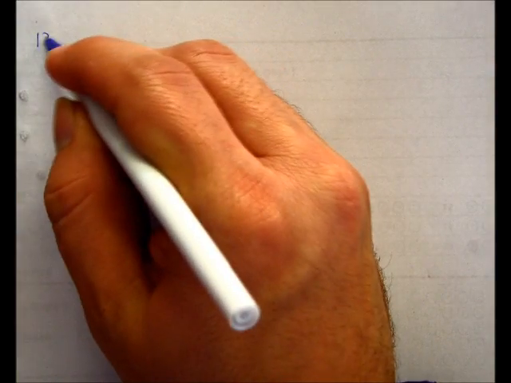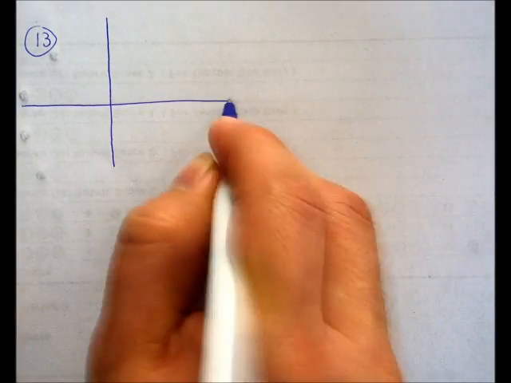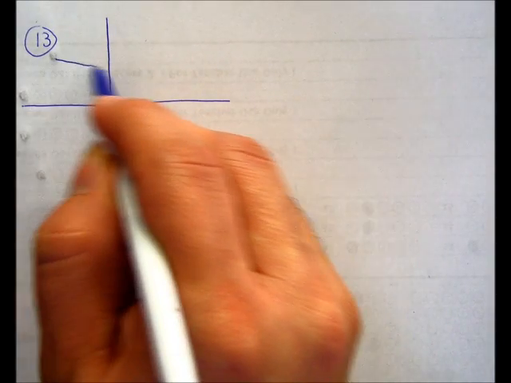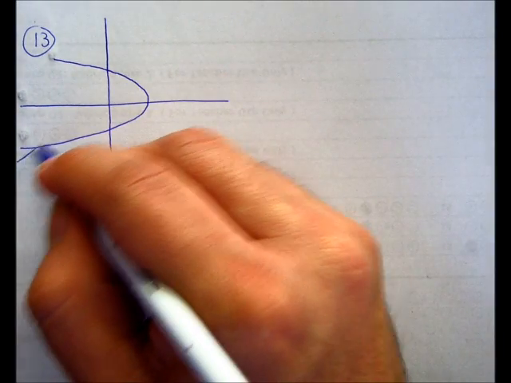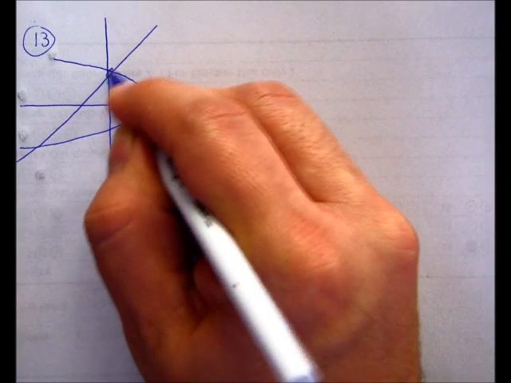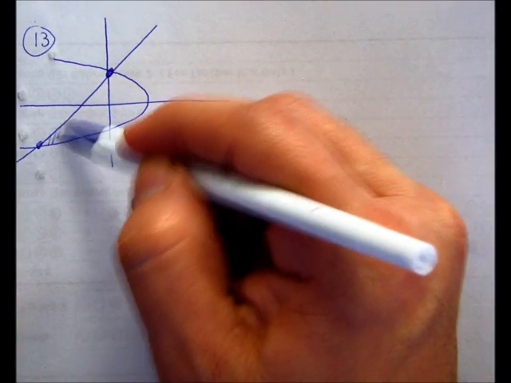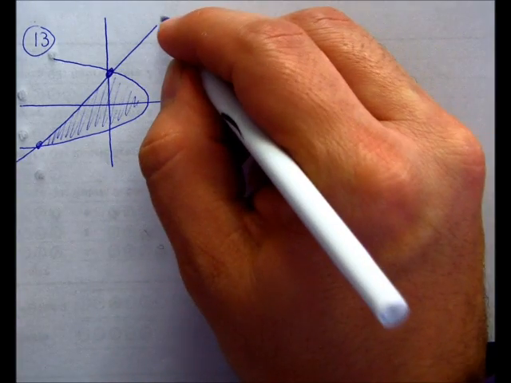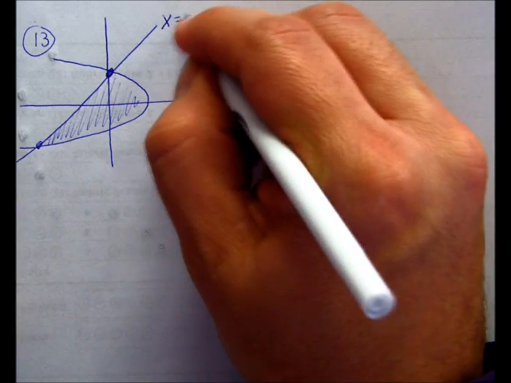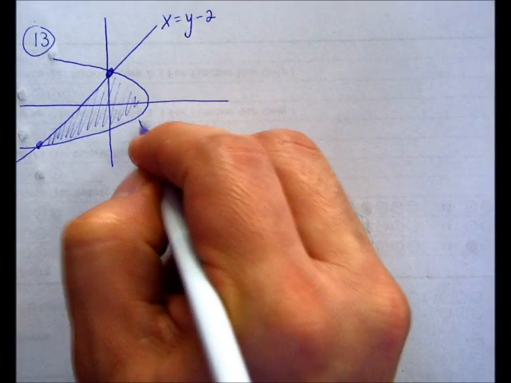So this is number 13, and you've got a curve just like this, and you have a line. These actually meet up at the point there. And you are looking for this region.